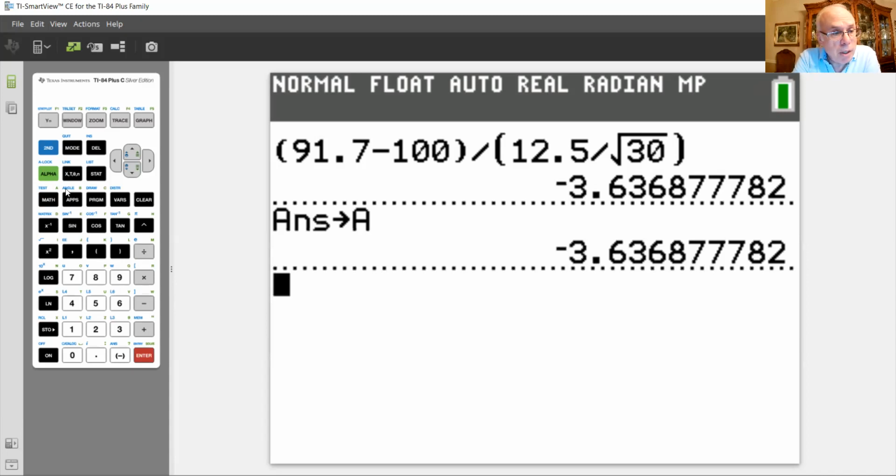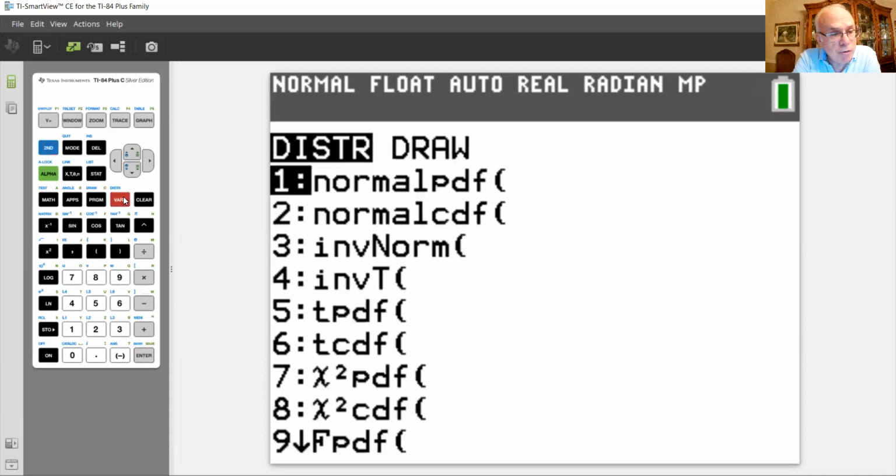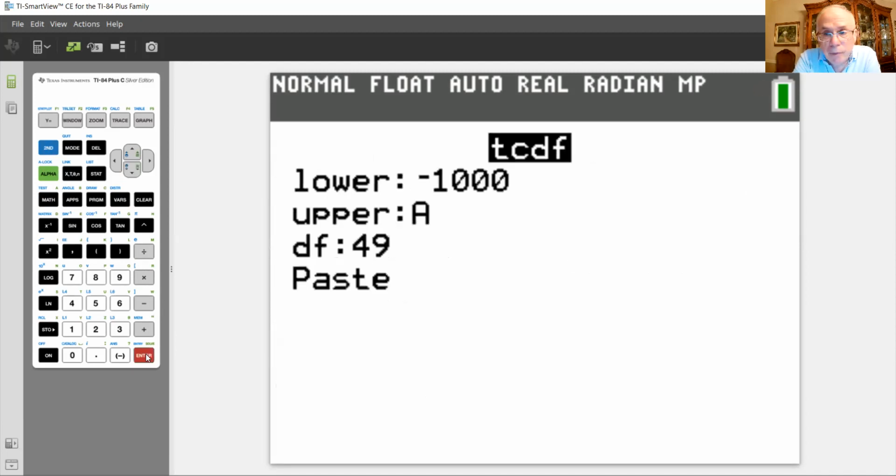It is a left tail test since the alternative hypothesis is mu less than 100, so we don't have to multiply by 2 to find the p-value. We simply go down to tcdf. It has to be tcdf since we're using the sample standard deviation in the test statistic. It is a left tail test, so we want negative 1,000 as our lower end and A as our upper end. We already have that in there from a previous problem, so it's good.